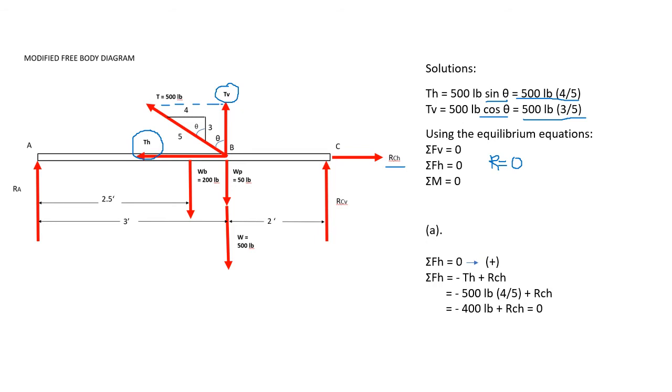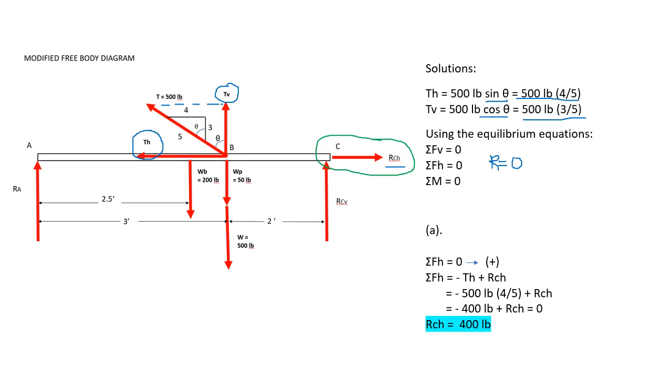Simplifying, we have negative 400 pounds plus RCH equal to 0. We can transpose the 400, therefore we will have a positive reaction at C horizontal. So it means that our assumption at C is correct.